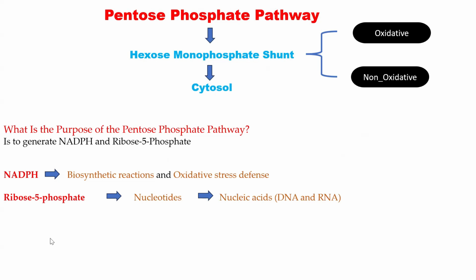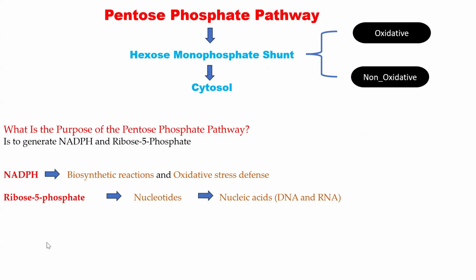The NADPH is used in biosynthetic reactions such as fatty acid biosynthesis, steroid biosynthesis, and many other reductive biosynthetic reactions, and also in preventing the body from oxidative stress. The next one is ribose 5-phosphate, which generates nucleotides, and the ribose sugar is one of the components of the nucleotides, which are the major building blocks of the nucleic acids, DNA and RNA.